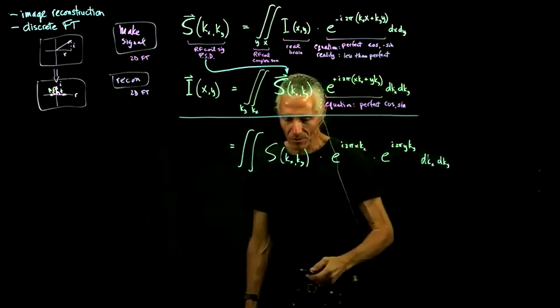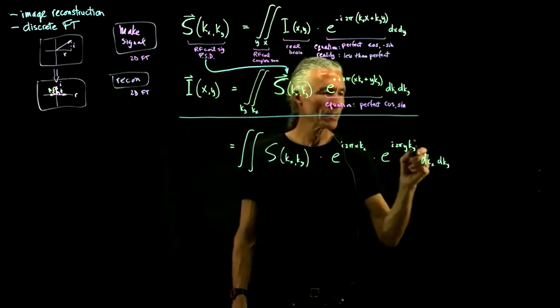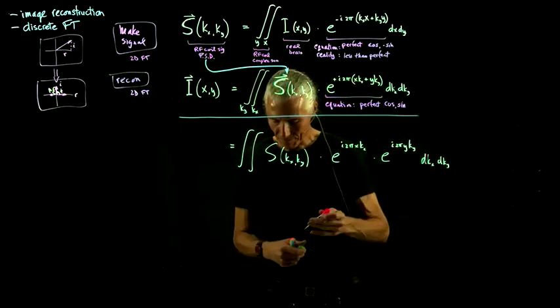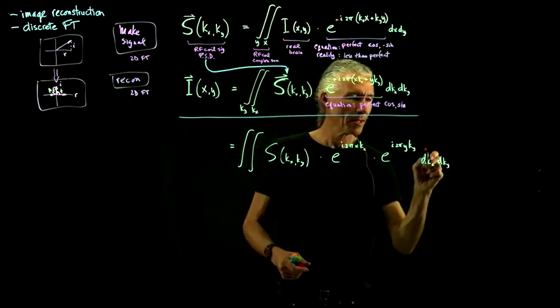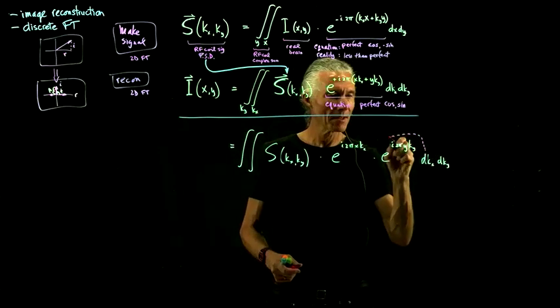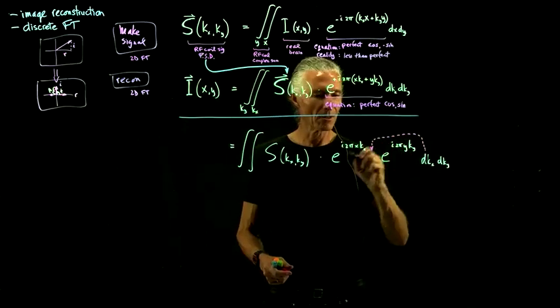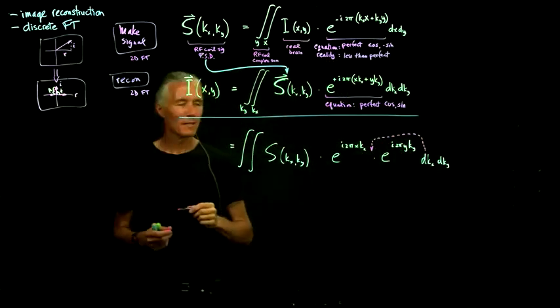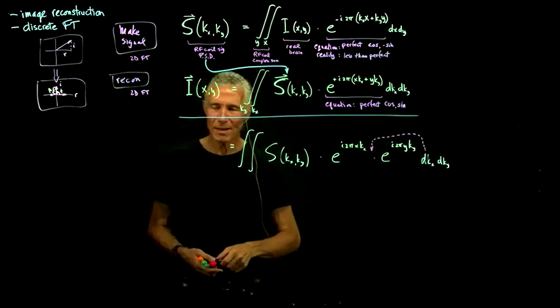But if we take this and stick it in here, you can see that that's just a 1D Fourier transform.